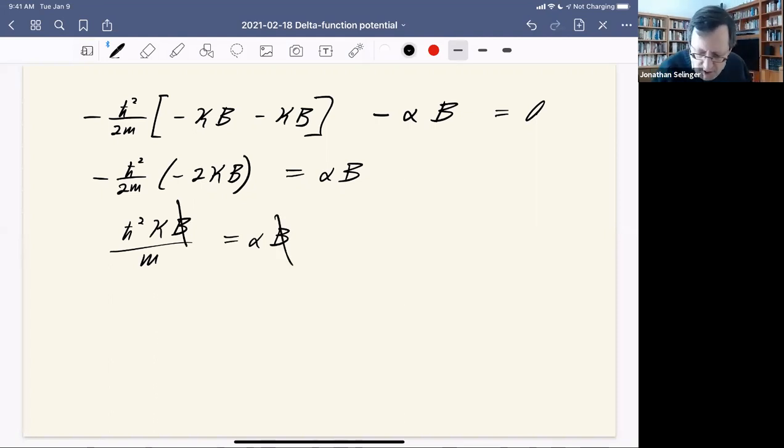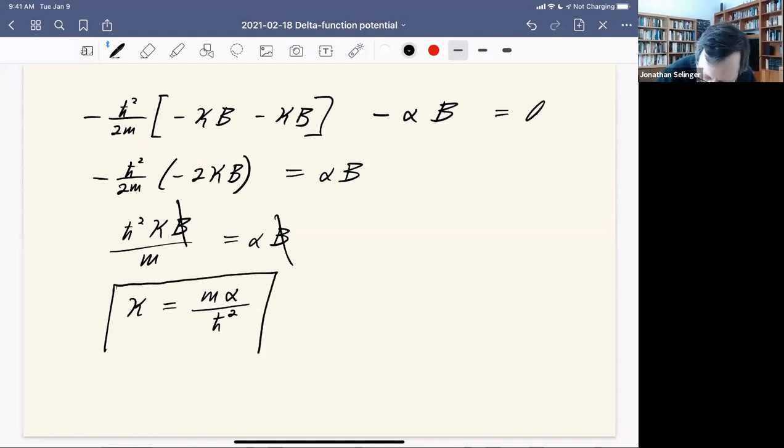And so what this equation does is it tells us the number κ, right? We know the mass, that's the input information. Mass is input information. Alpha, the strength of the potential, is input information. ħ is for sure input information. So it tells us κ for our bound state.